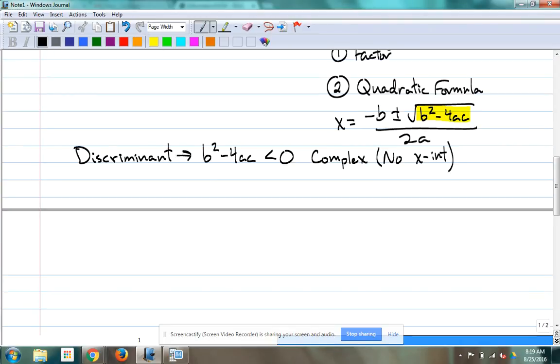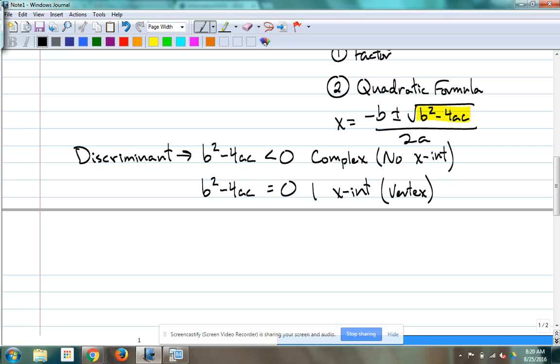All right. If b squared minus 4ac is equal to 0, it's going to have one x-intercept. That one x-intercept will be at the vertex.